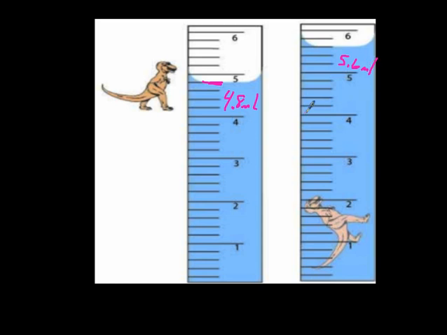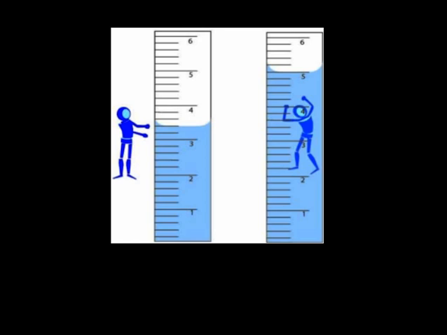So the volume of the dinosaur is the difference. 5.6 minus 4.8 is 0.8 milliliters. So the volume of this dinosaur is 0.8 milliliters. Making sure you're using all the techniques of the cylinder, leaving it on the table and viewing the meniscus from eye level. So here's another one.